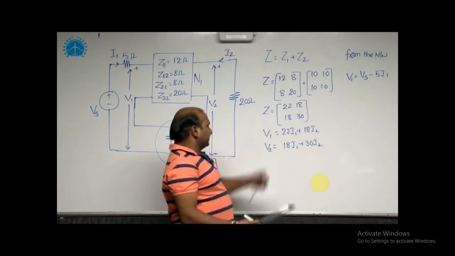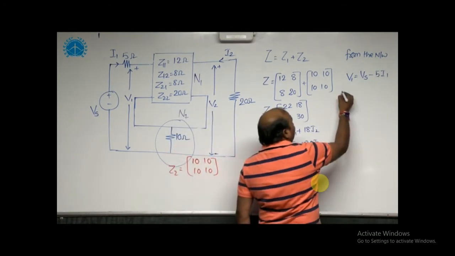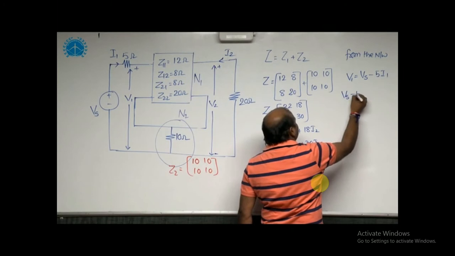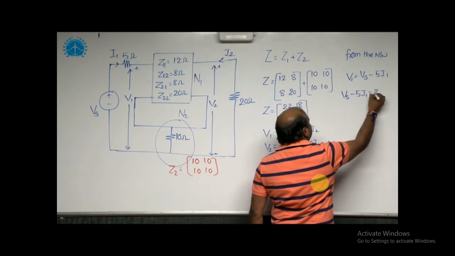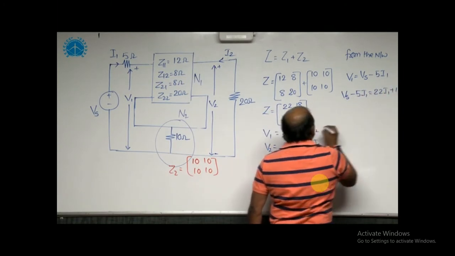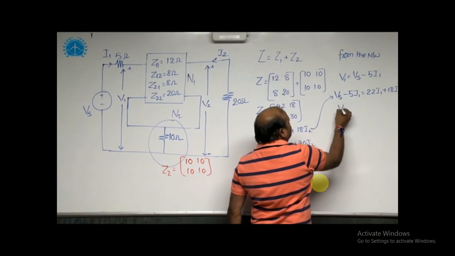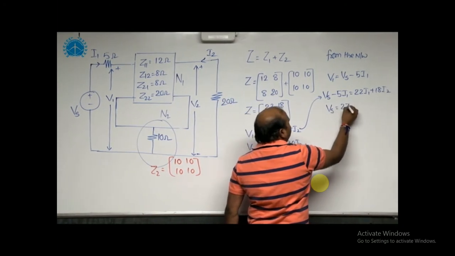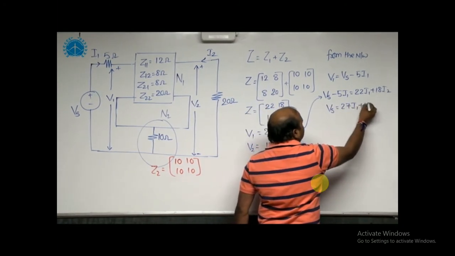By considering V1 here, Vs minus 5I1 is equal to 22I1 plus 18I2. From this, I can define Vs as 27I1 plus 18I2.